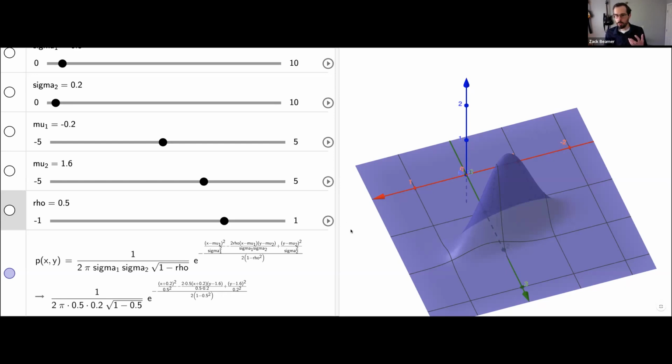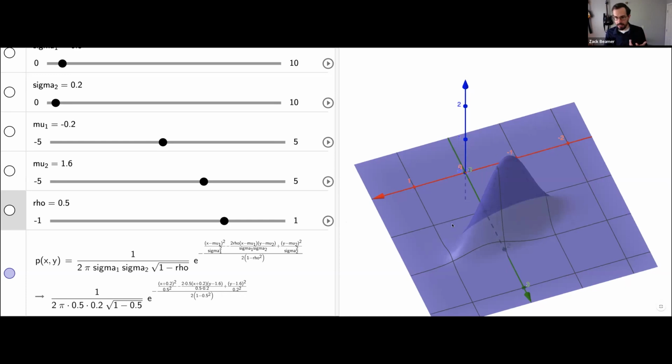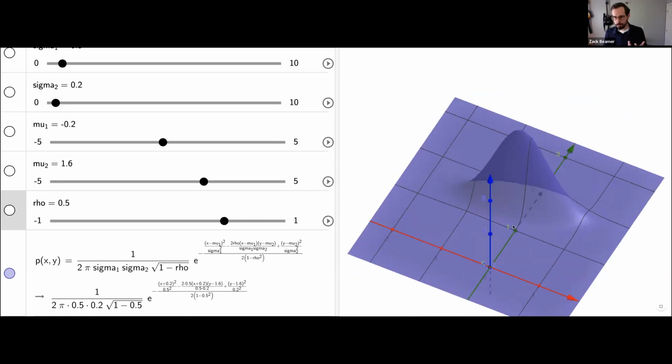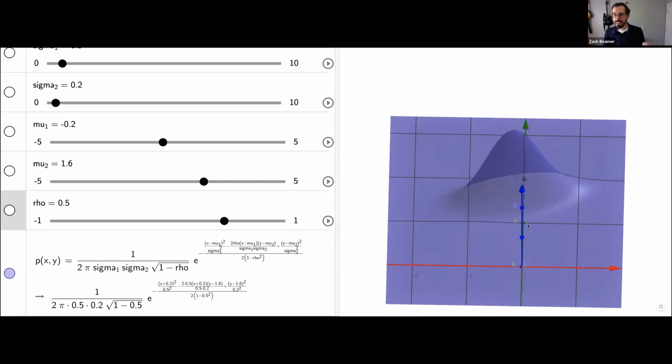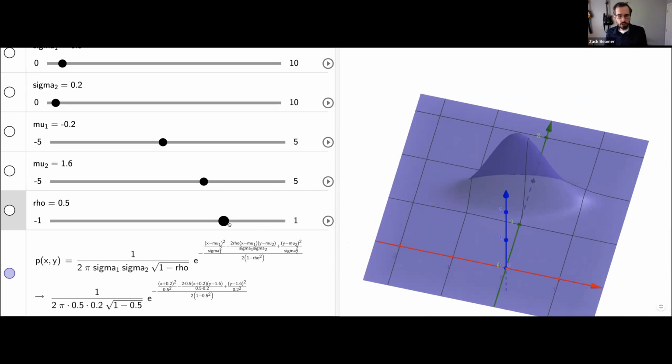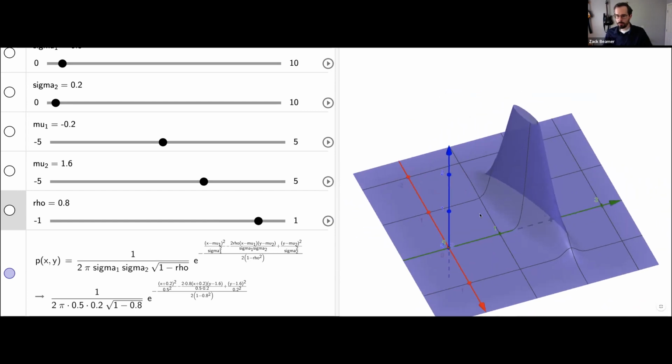We think about this as representing a cluster of data. So when we have a positive correlation, it means that as X increases, we tend to see an increase in Y as well. The stronger the correlation, the more we see the data falling within a smaller region.